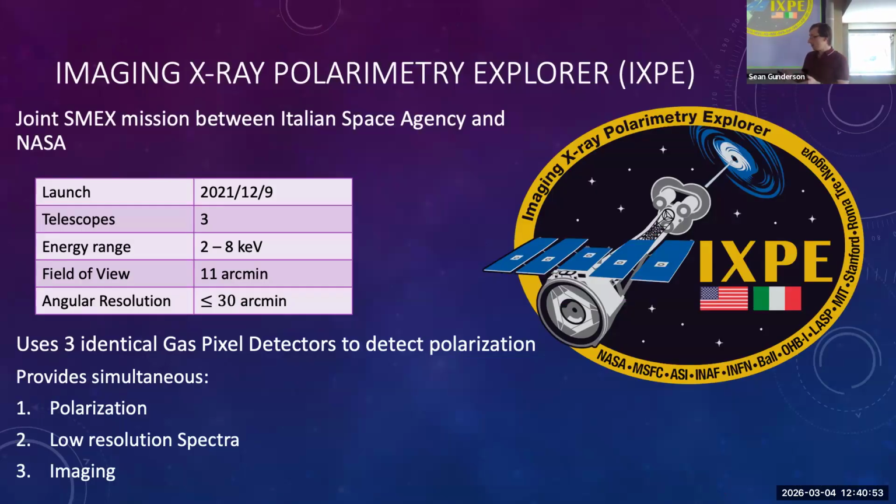Now, it is limited to the 2 to 8 keV region, which is why something like an intermediate polar can be a good test case of this, because of having a reasonable amount of emission in 2 to 8 keV. But we also had to choose our target carefully because we need to maximize the polarization signal that we can measure in a short amount of time.